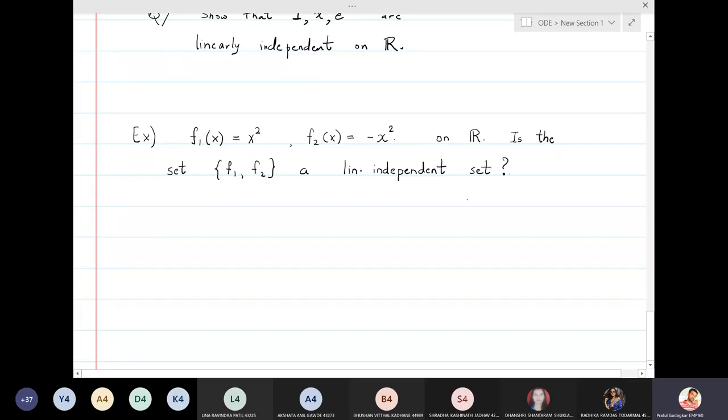If you observe clearly, you see that f2, which is minus x square, is nothing but minus of f1, because f1 is x square. So this means that f2 is nothing but negative of f1.